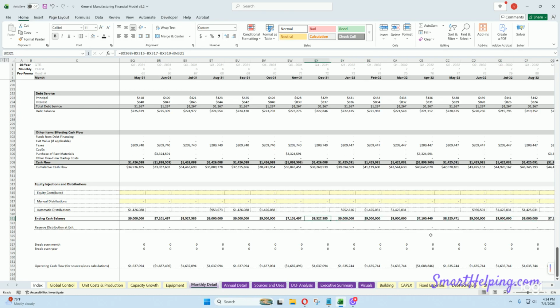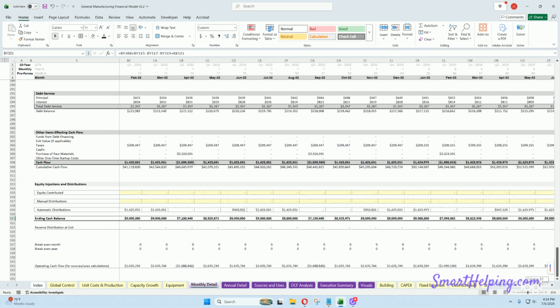And you want to look at your operating cash flows and make sure there's no big negative you have. Like in this case, we have a purchase of raw materials in 2 or 3 months in advance, so that's going to be a big capex item based on the sales forecast. And so you don't want to go below that number and then not have enough when those capex items happen, which is specific to this manufacturing model.